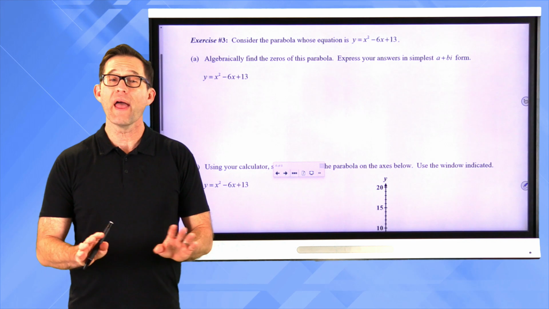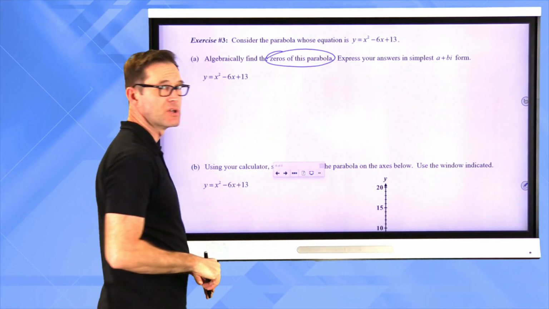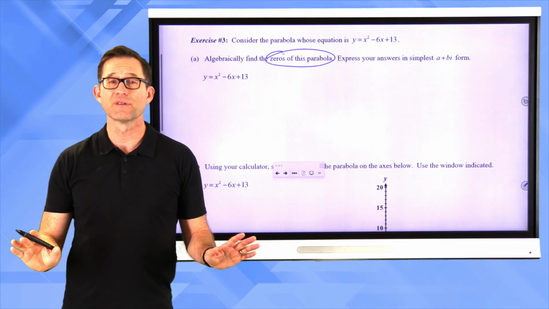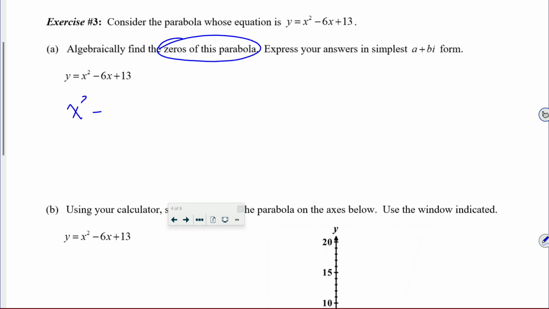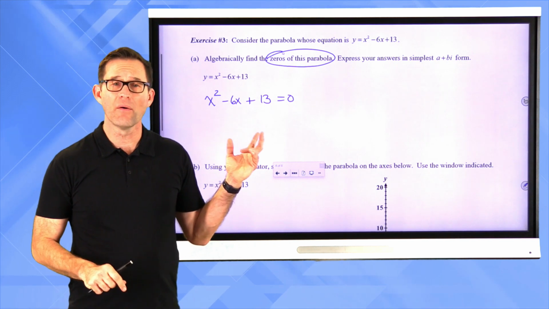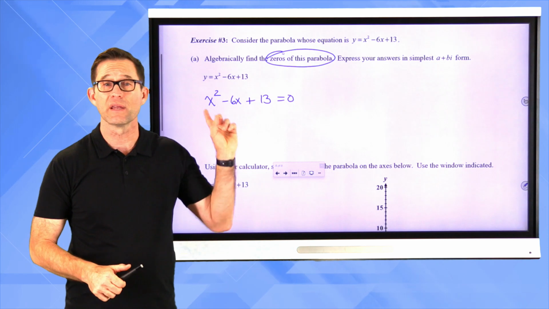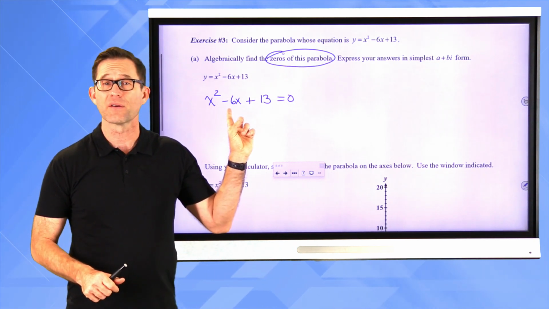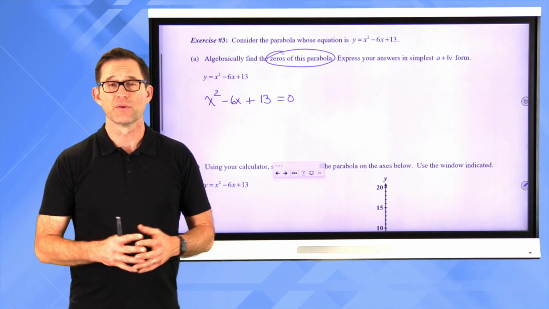All right, well, anytime we're looking for the zeros of a function, we always start by taking the function's equation, x squared minus 6x plus 13, and setting it equal to 0. Okay, so what I'd like you to do is now solve this and maybe use the quadratic formula. You could again use completing the square, leading coefficient of 1, right? Even coefficient there, so that's pretty easy. I guess either way, find the zeros of that parabola.